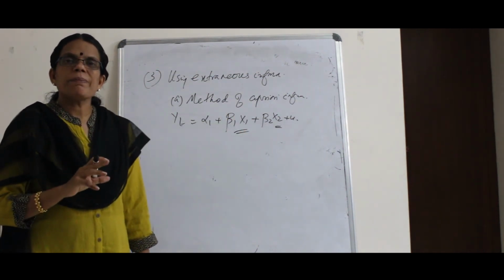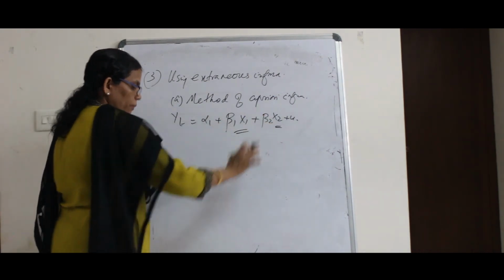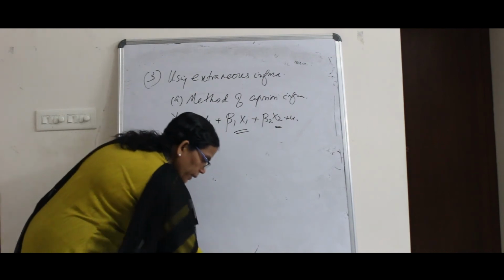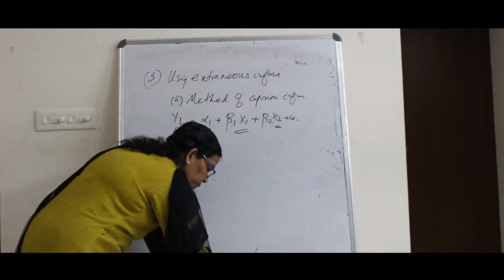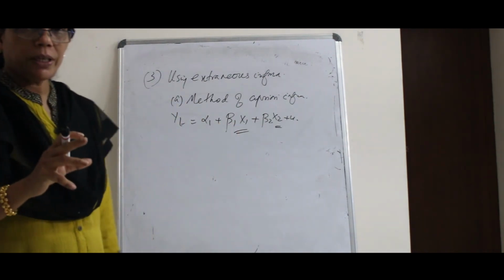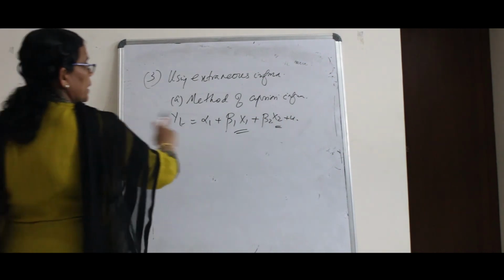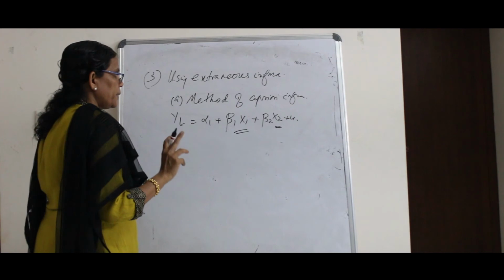Now if by some previous work you are able to get the value of beta 1 or beta 2, then you can use this finding to solve the problem of multicollinearity.